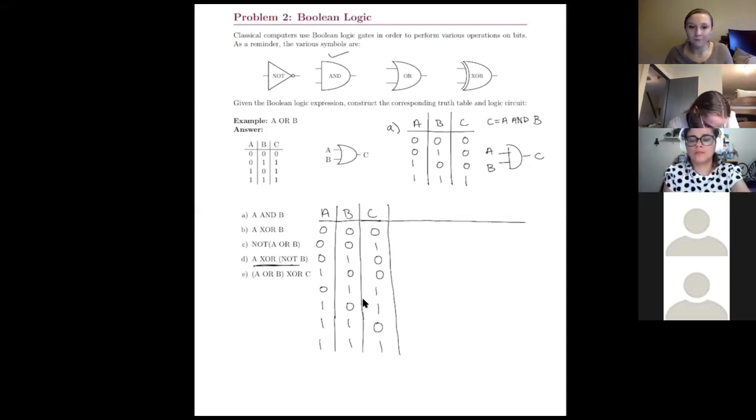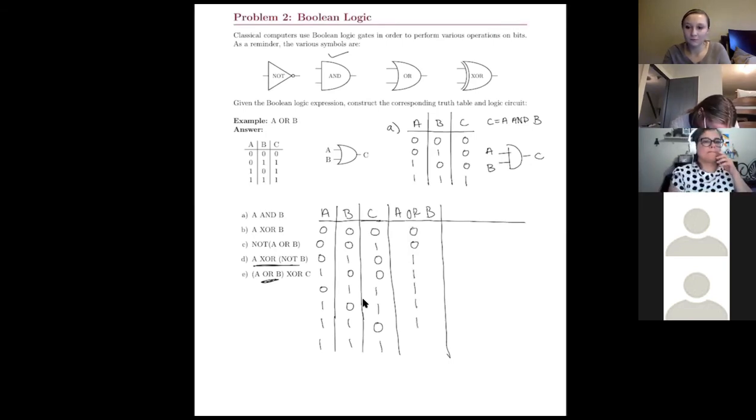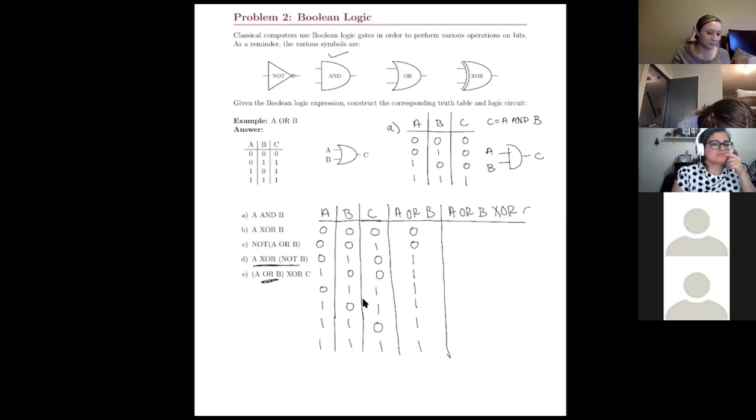So next value that I would do is we need A or B. So I'm going to do A or B. So that's going to be 0, 0, 1, 1, 1, 1, 1, 1. Then we need A or B, exclusive or C. So then again, you're looking at these 2 columns and you're doing the exclusive or operator.